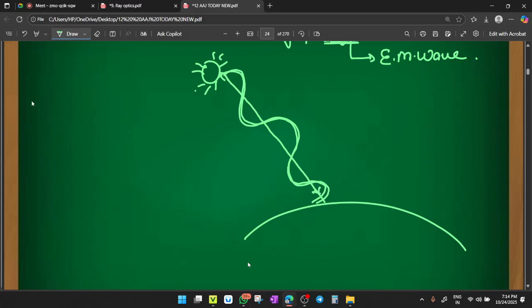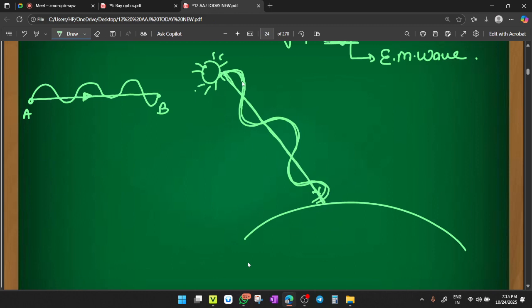Like when you travel, and this is your initial position and your final position, then your exact target is a straight line. So the straight line is said to be the path of a wave.